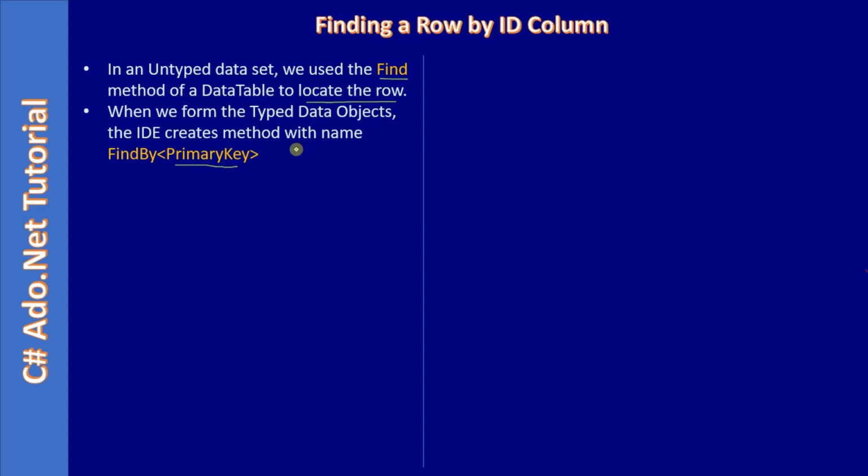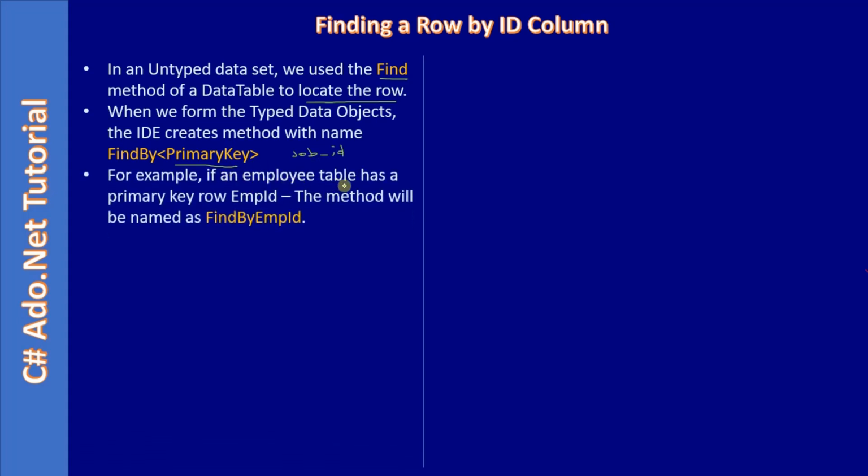In our jobs table, the primary key is job_ID. So you will get a method named FindBy job_ID. Using that method, you can locate a specific row, and the method expects a primary key value as a parameter.